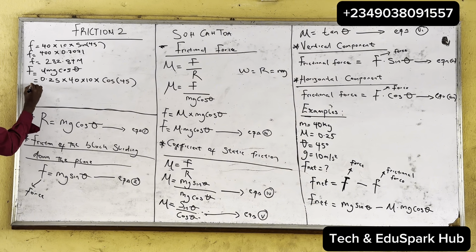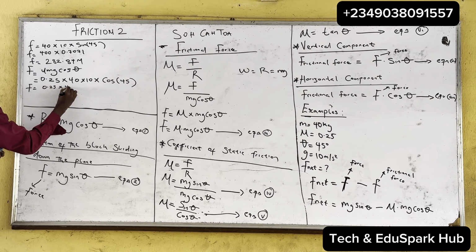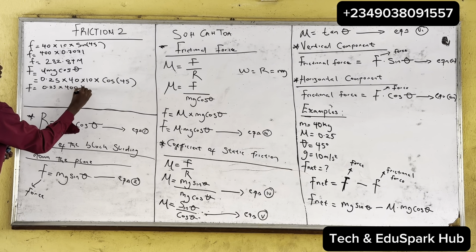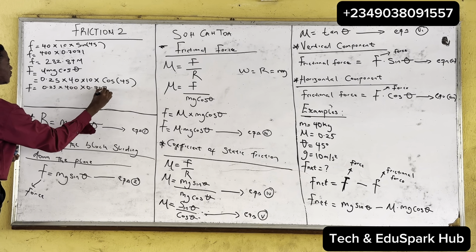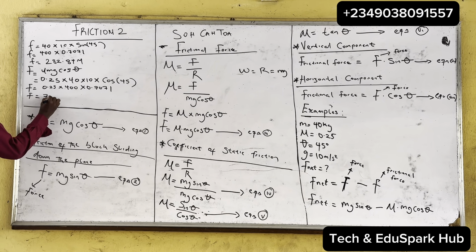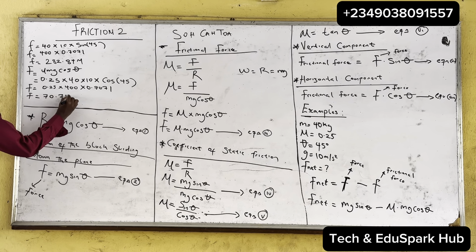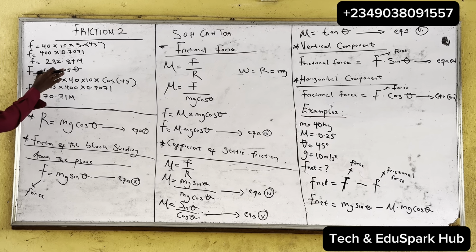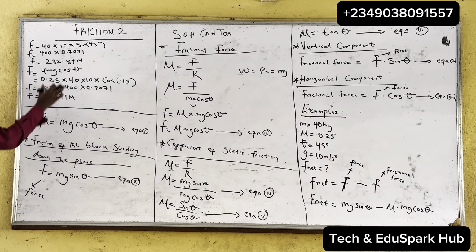And when we multiply this, we have our frictional force to be given as 0.25 multiplied by 400 multiplied by 0.7071, and our frictional force, which is F, will be given as 70.71 Newton.